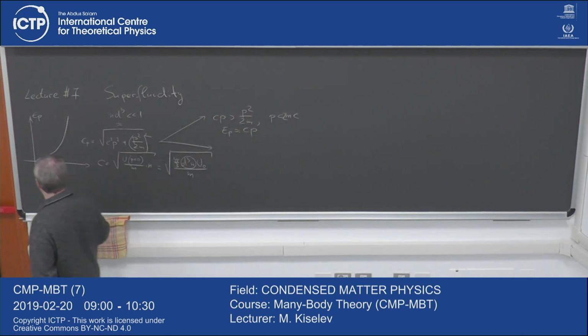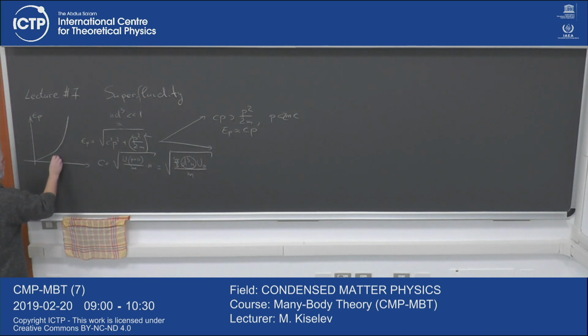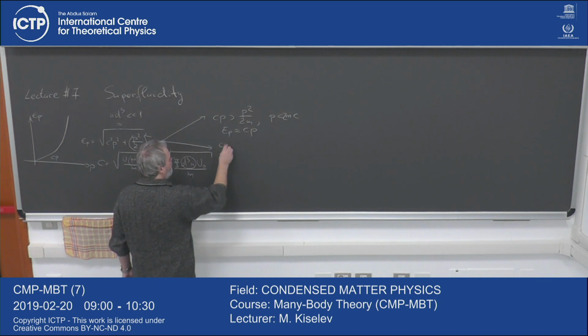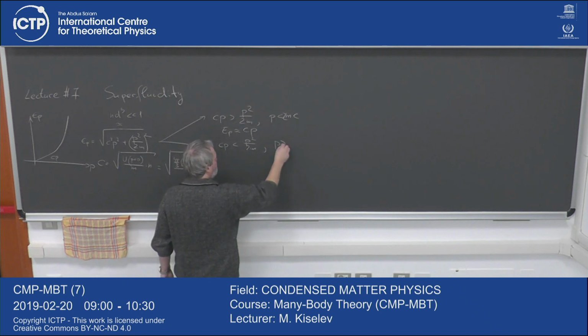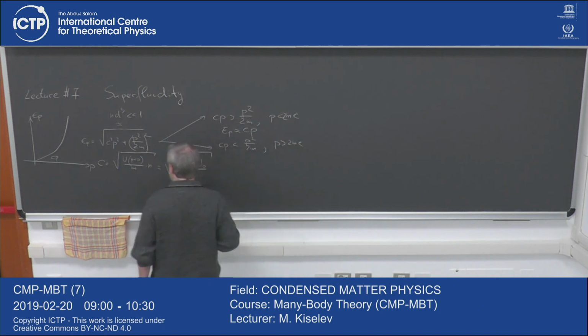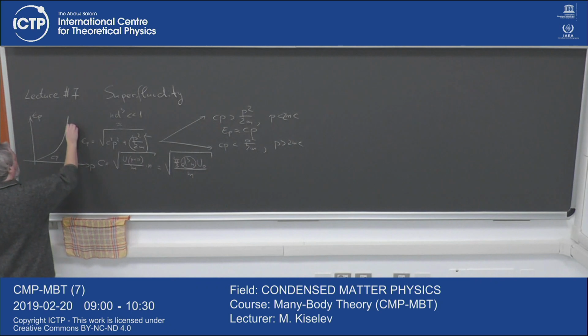These are the sound-like excitations, characteristic of the spectrum for small momenta. However, if cp is smaller than p squared over 2m, which means the momentum is larger than 2mc, then we have a quadratic, almost non-interacting dispersion p squared over 2m. And then we discussed the decay of these excitations, which are sound waves.